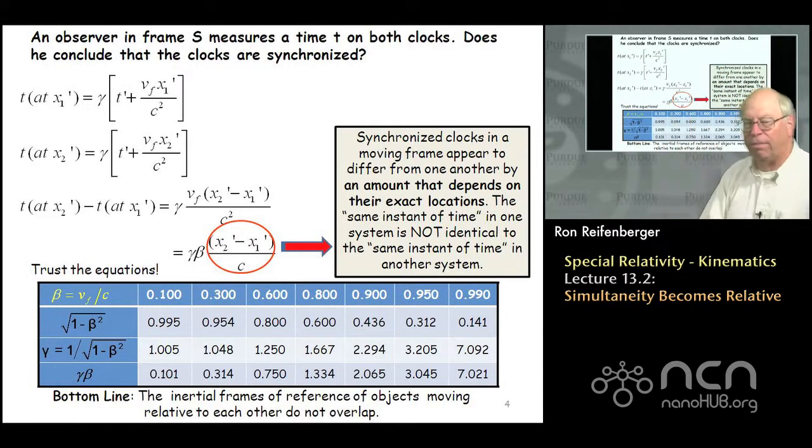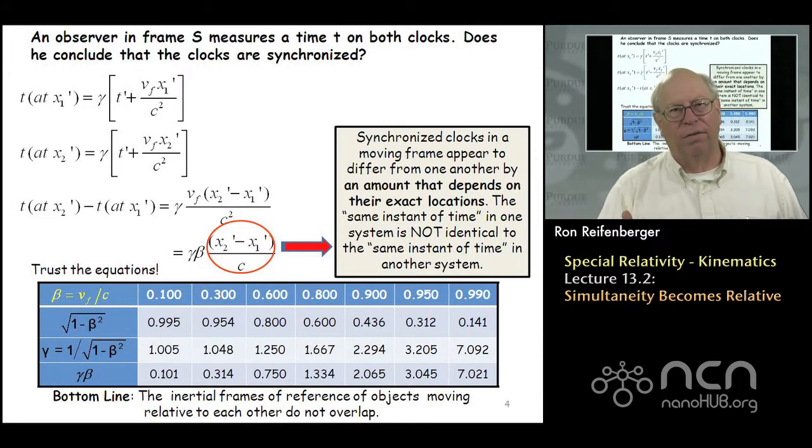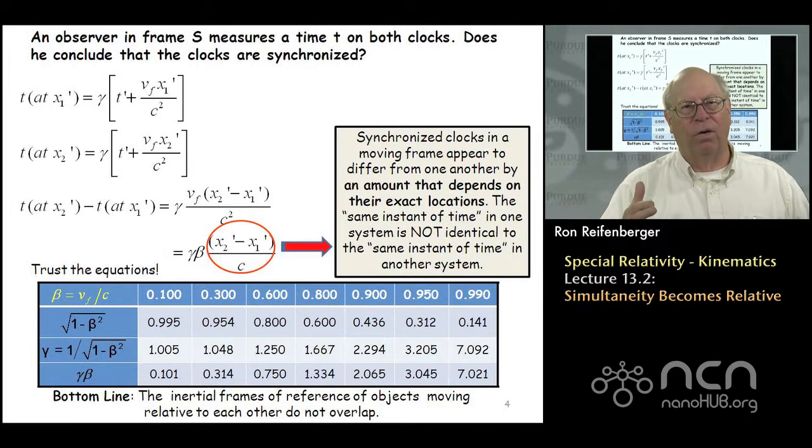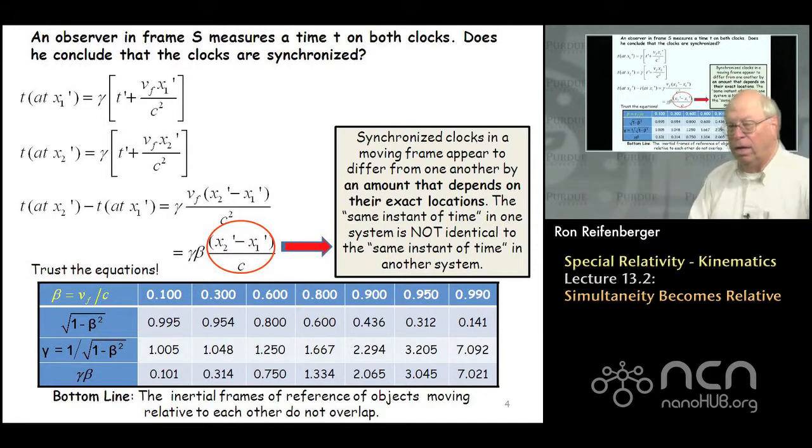That simply means that this concept of simultaneity is a relative concept and it can't be enforced. It's not a meaningful quantity. It depends on what reference frame you're viewing the clocks from. That's the basic idea.